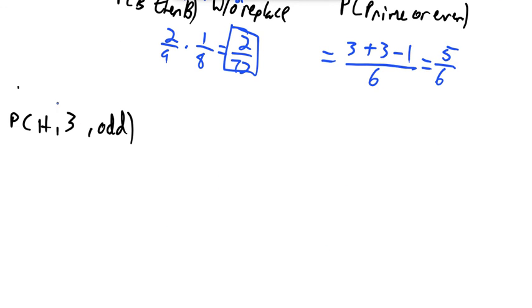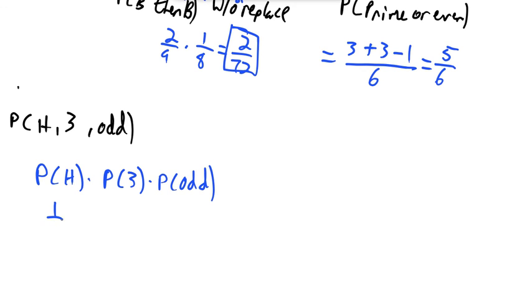All right, and then for this last one, looking at the probability of heads, then a 3, then odds. Are these dependent or independent? They're independent. The fact that we flipped a heads or a tail won't affect the 3. The fact that we rolled a 3 won't affect the odd the next time. So this is going to be the probability of heads times the probability of a 3 times the probability of an odd.